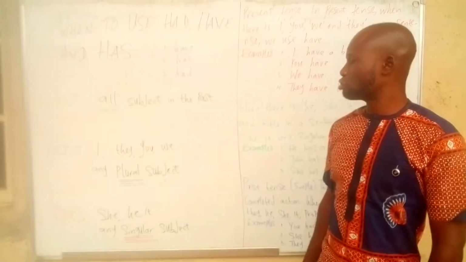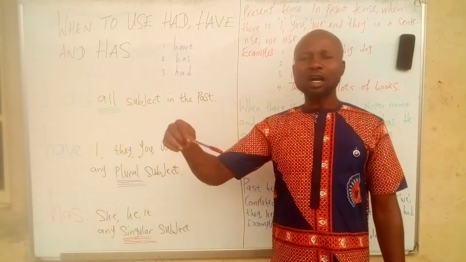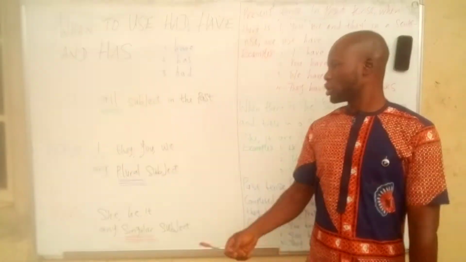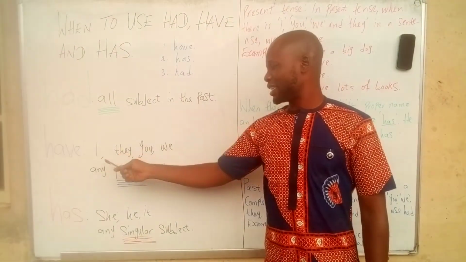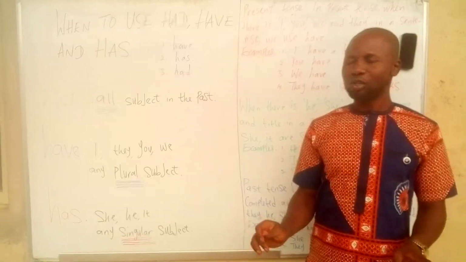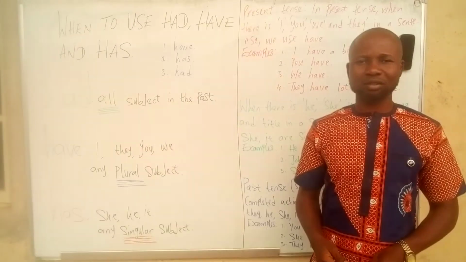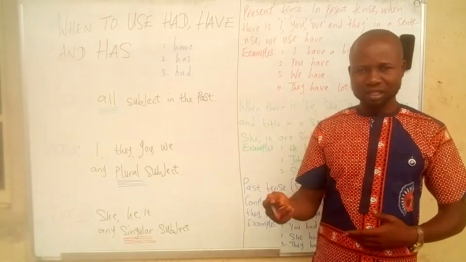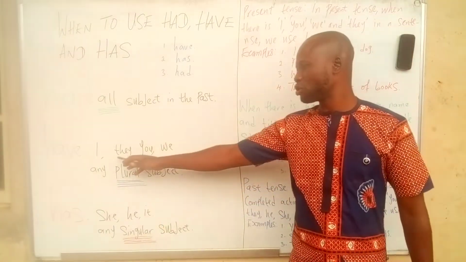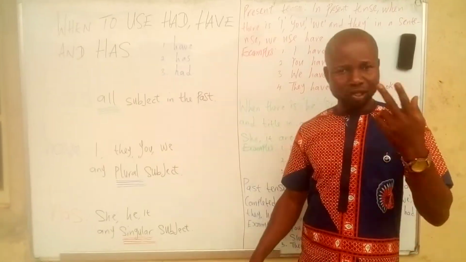Then number 2, have. Before I go to this place, these are the rules. Whenever we see things like I, they, you, we, don't be confused with I, because I still remains the pronoun that can accept any auxiliary verb. But with they, you already know it means more than one, two and above. You, second person.